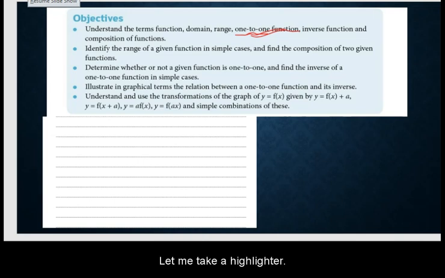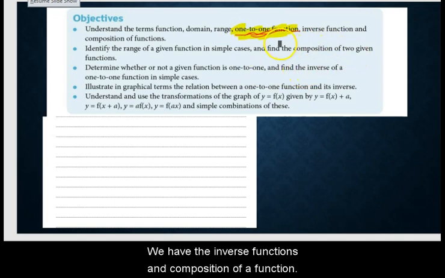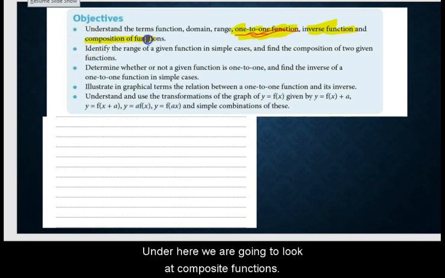Let me take a highlighter. So we have this type of function, one-to-one function. We have the inverse functions and composition of a function. Under here, we are going to look at composite functions.